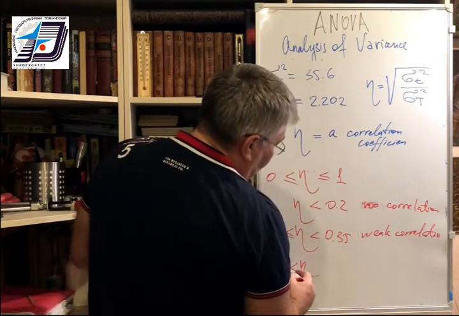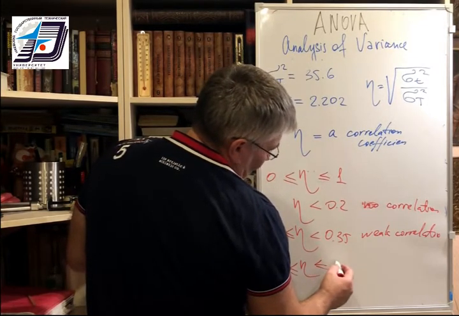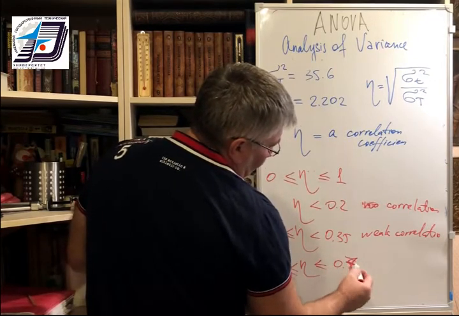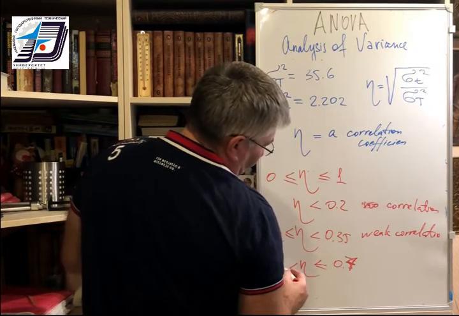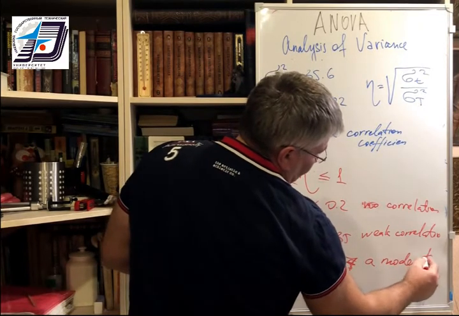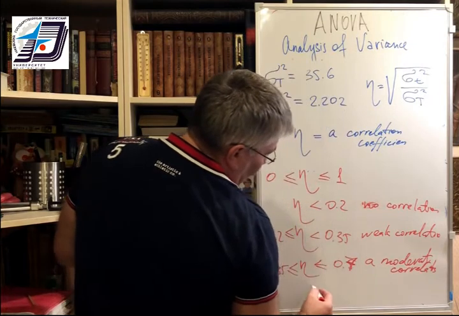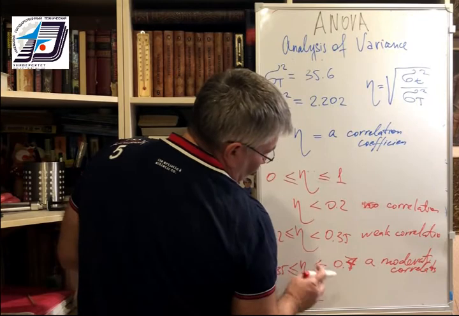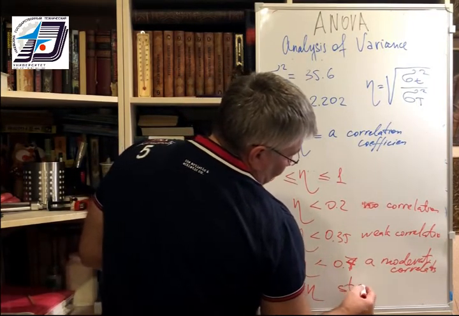Eta from 0.35 to 0.5, maybe even 0.7, a moderate correlation. And if eta is more than or equal to 0.7, strong correlation.